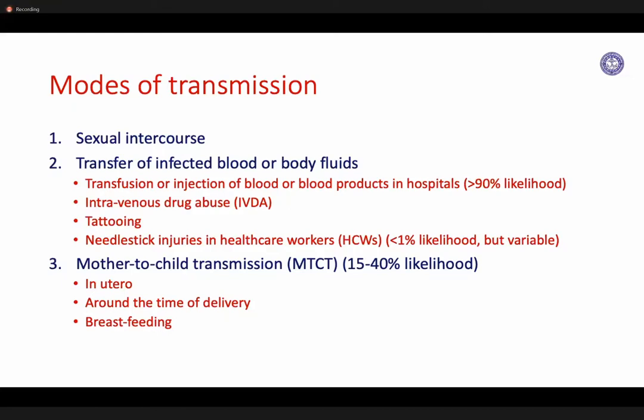And of course, in our country, mothers are very keen to make sure that they have a healthy child, so they probably appreciate the fact that it was discovered in time to help the child also. So our culture also helps a lot. But in a way, this is a special situation where we test without consent through universal screening. So 3 modes of transmission: sexual intercourse, transfer of infected blood or body fluids, and mother-to-child transmission or MTCT.